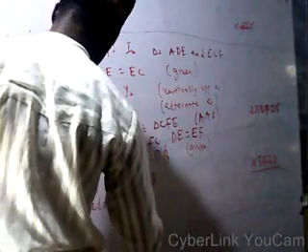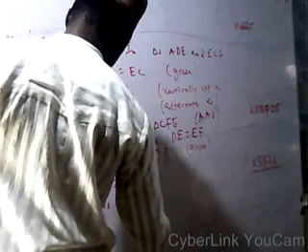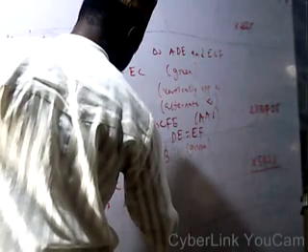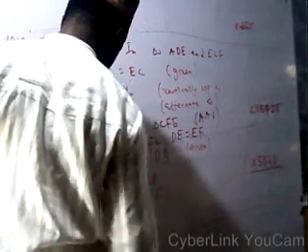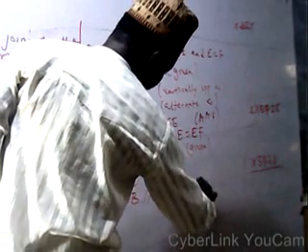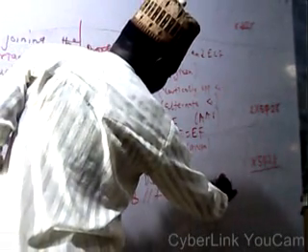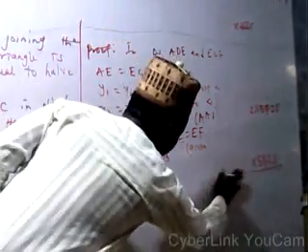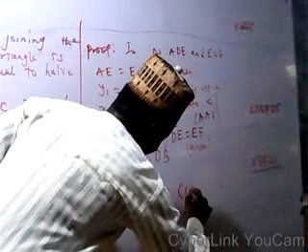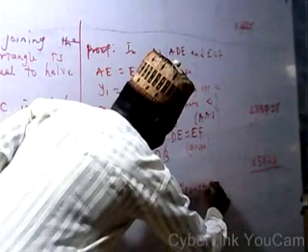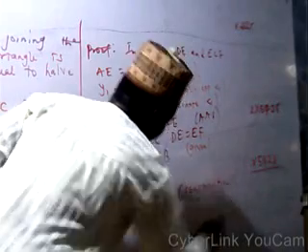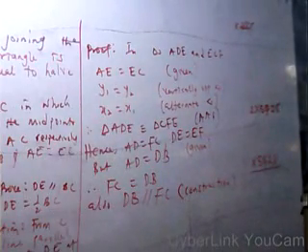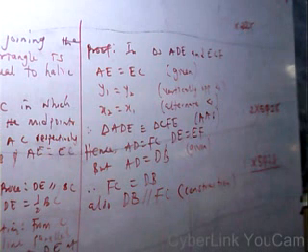Also, not just that, our DB is parallel to FC from a construction.